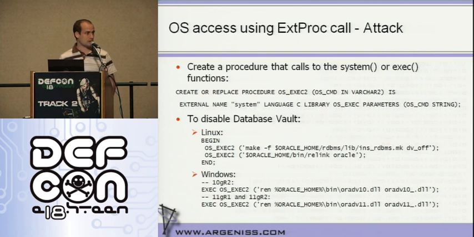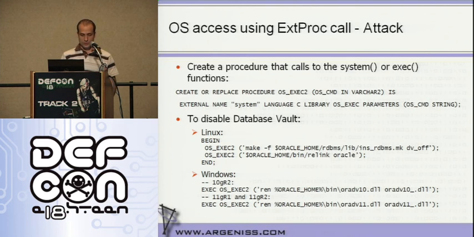After we create the library object, we have to create the procedure that points to an exported function in that library. So here I create a procedure that points to the system function.